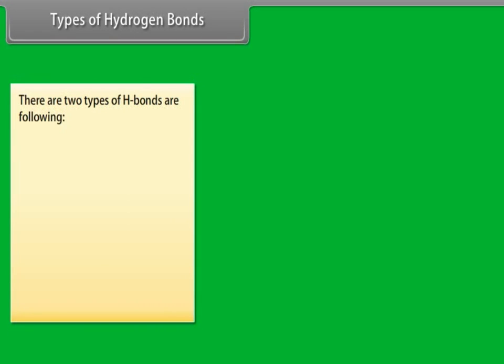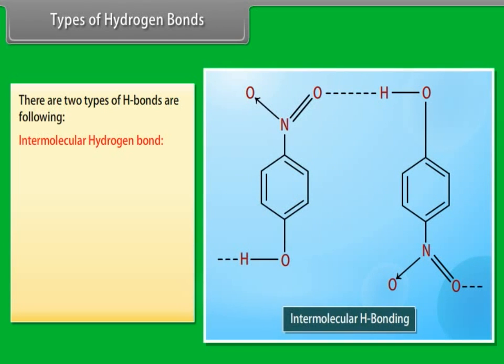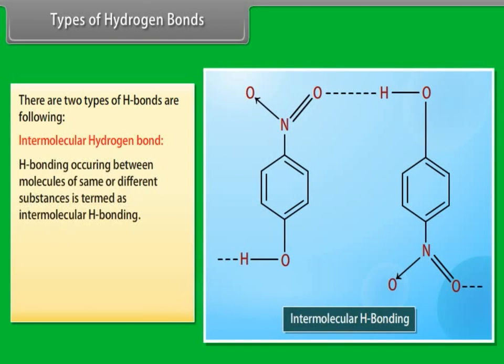Types of hydrogen bonds. There are two types of hydrogen bonds as following. Intermolecular hydrogen bond. Hydrogen bonding occurring between molecules of same or different substances is termed as intermolecular hydrogen bonding.